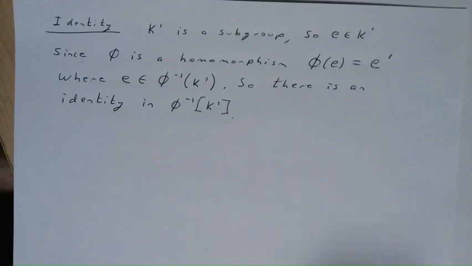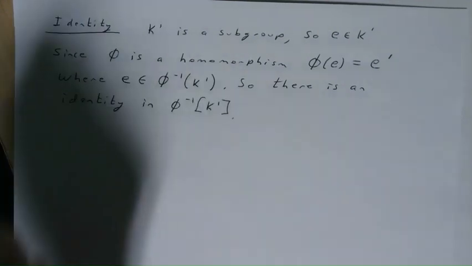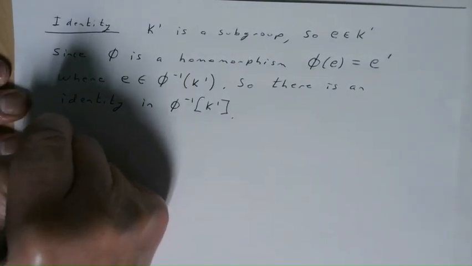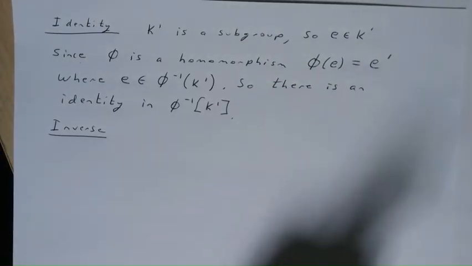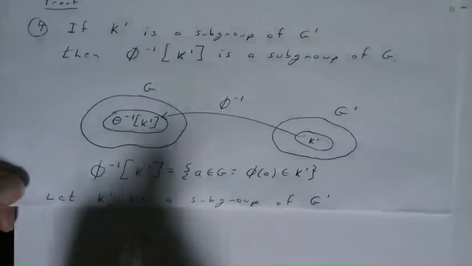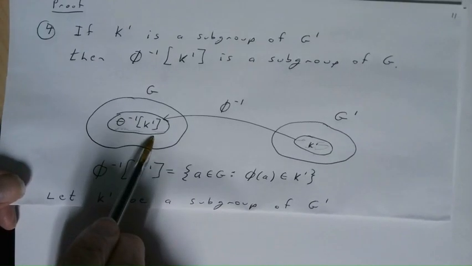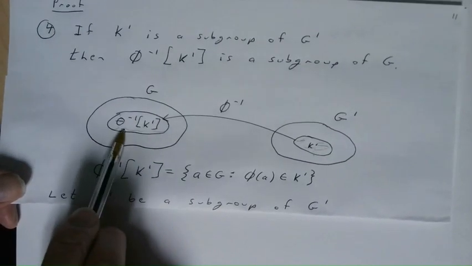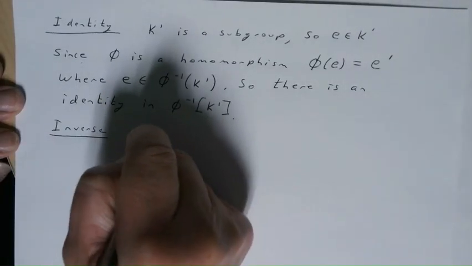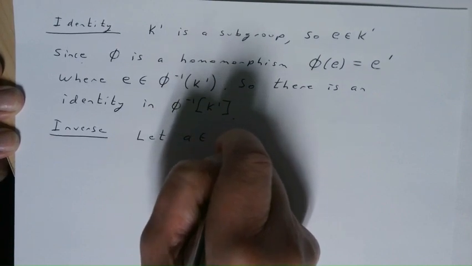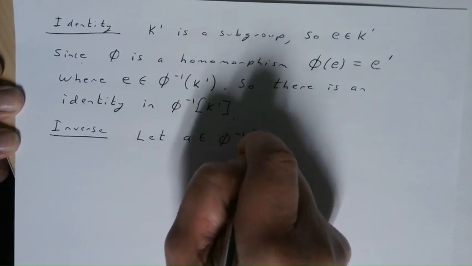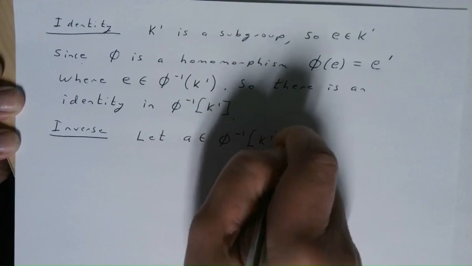So next we want to look at inverses. And again, remember we're trying to show that phi inverse K prime is a subgroup, so we have to pick a typical element there and prove that it has an inverse. So let A be in phi inverse K prime.